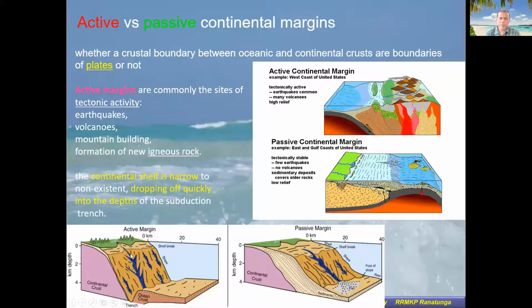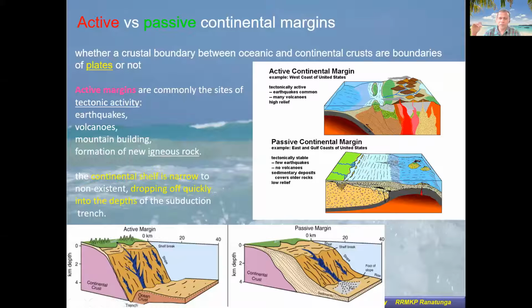They are tectonically active, and there is not a lot of sediment here. You see that sediment deposition is very thin, but compared to the passive margin, there are no trenches, but a lot of sediment deposits, and the angle of the continental slope is very low.